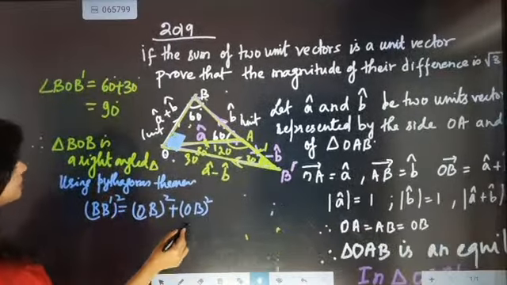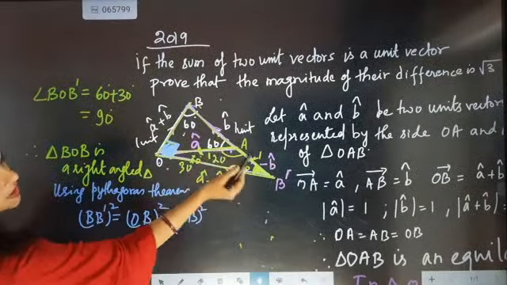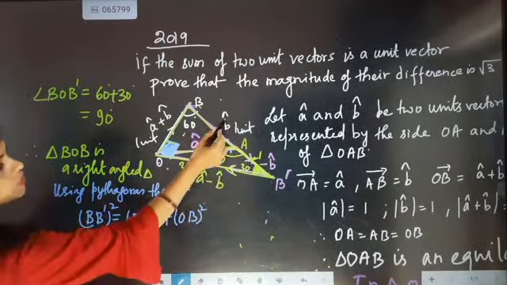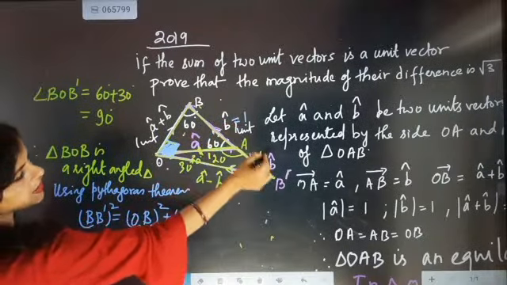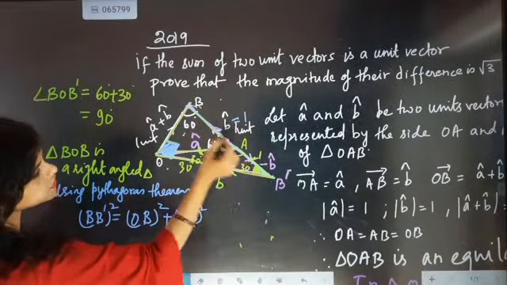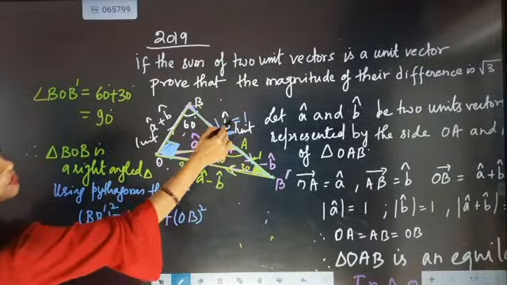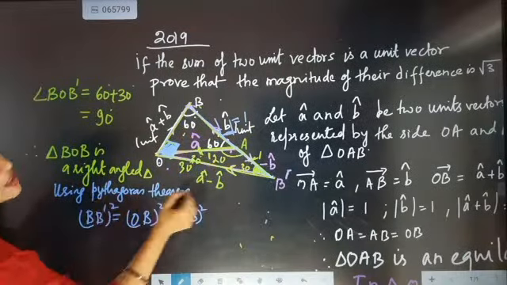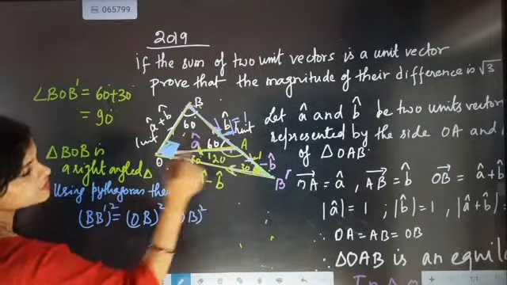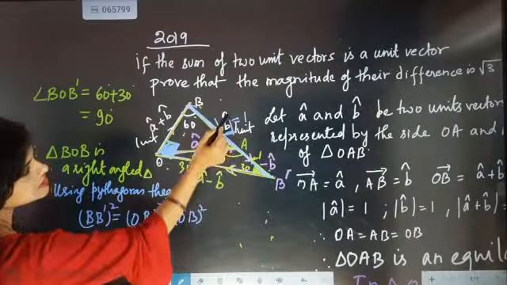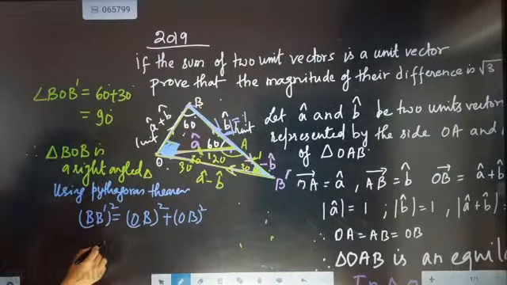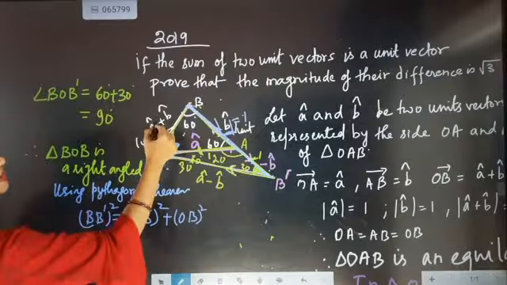Now beta, this magnitude is 1 and this is 1. So total BB dash will become 2, because the magnitude of B unit vector is 1 and the magnitude of minus B unit vector is 1. So total distance is 1 plus 1, which is 2.